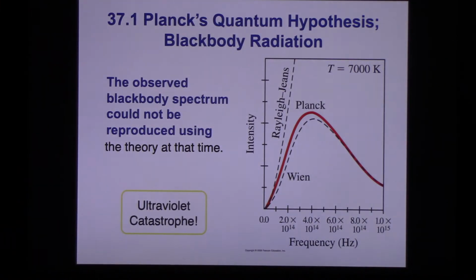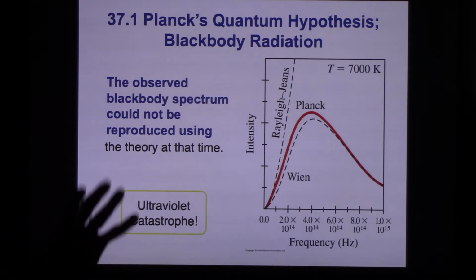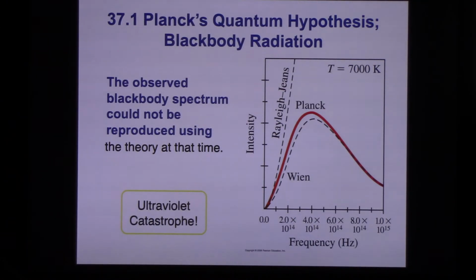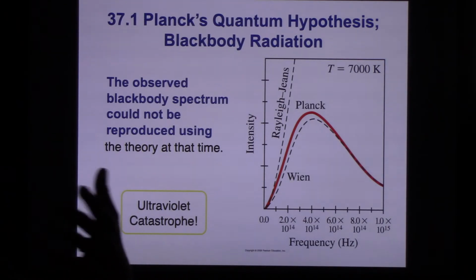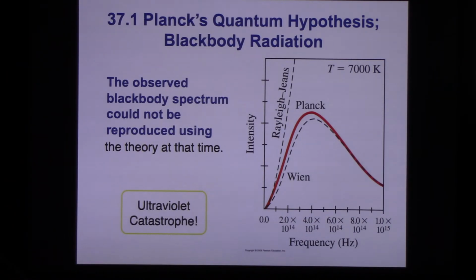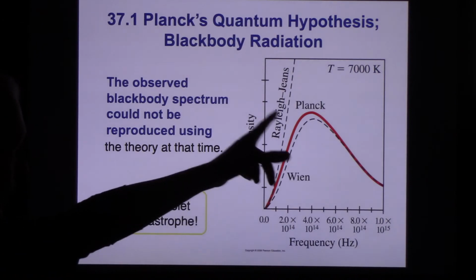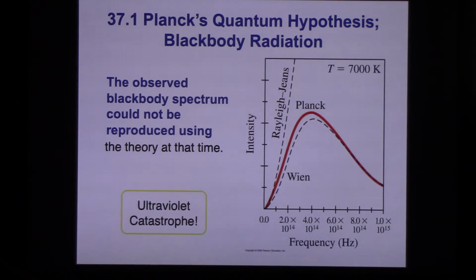Now, that's not unusual in physics. A lot of times theories don't just come out of nowhere. People are looking at the experiments and saying, what type of formula is that experimental curve that we're seeing?